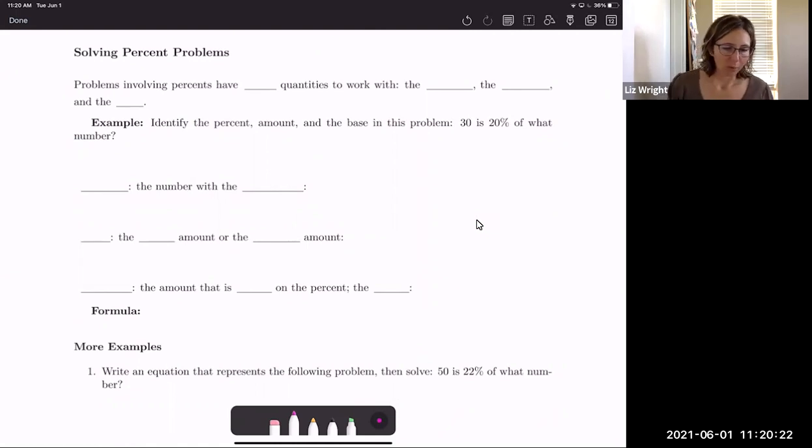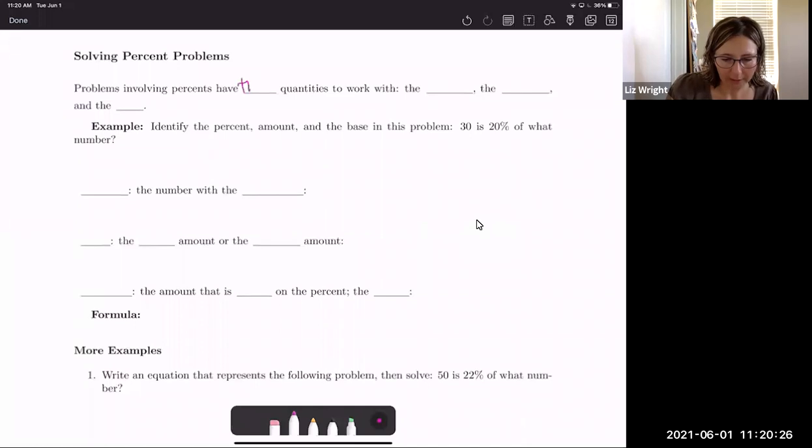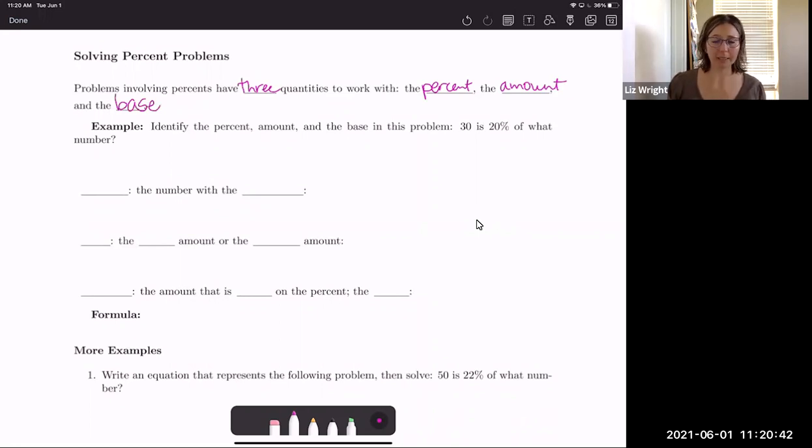All right, so problems involving percents have 3 quantities to work with: the percent, the amount, and the base. And honestly, this is kind of Ed Reddy's terminology. They talk about this a lot during their videos and their text.